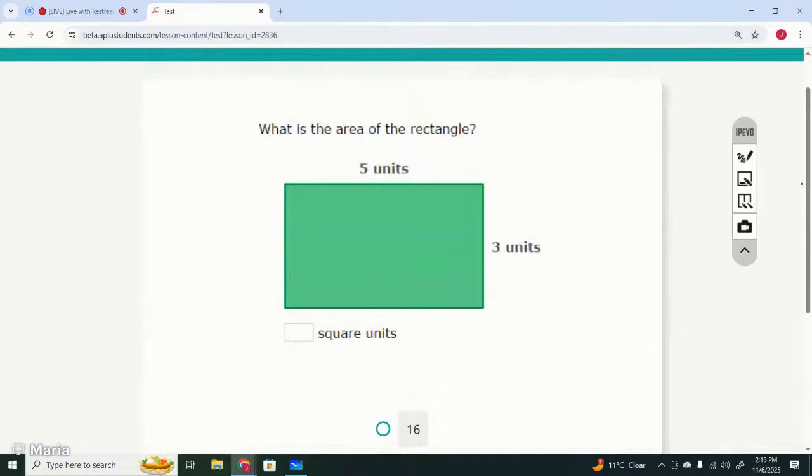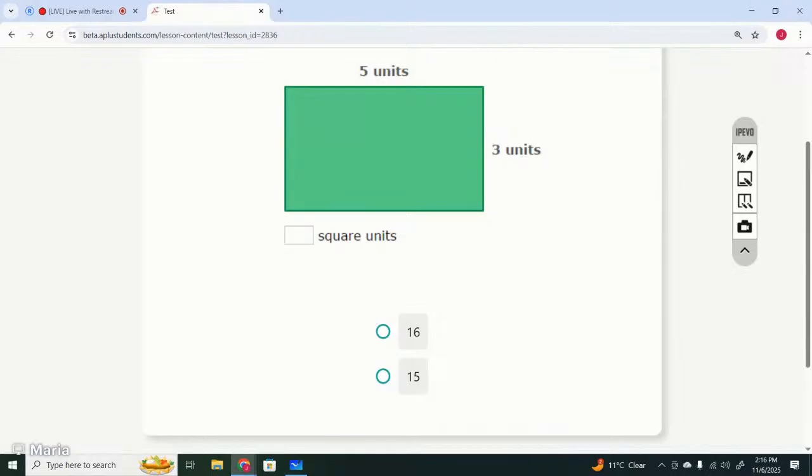What is the area of rectangle? So which is the correct option? So the area of the rectangle is length times width.